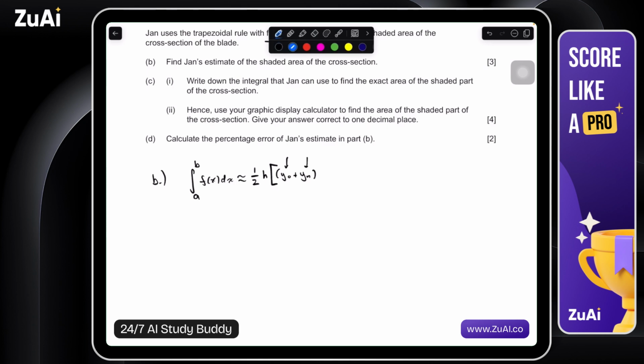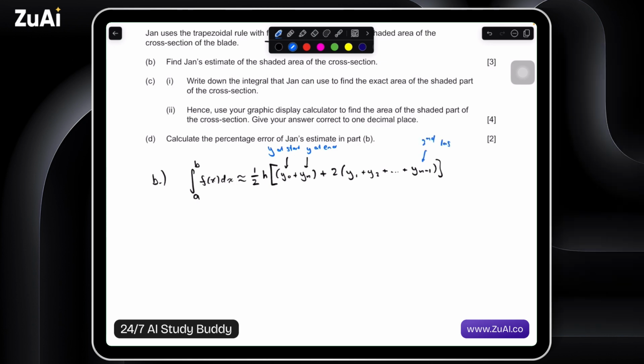So we'll say y at start, and this would be the y value at the end. The nth is the very end. And then we have plus 2 times, and this will be y1 plus y2 plus all the values in between, all the way up to yn minus 1, which means the second last, essentially. So this would be the second last vertical height right here.